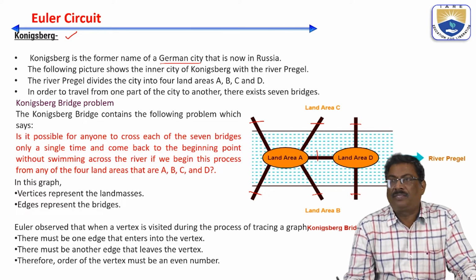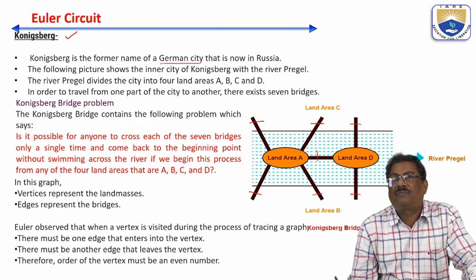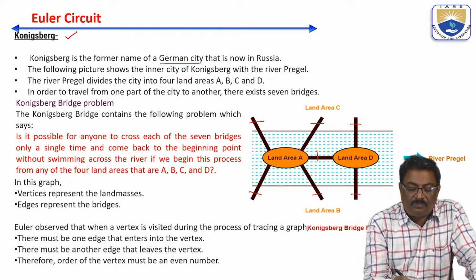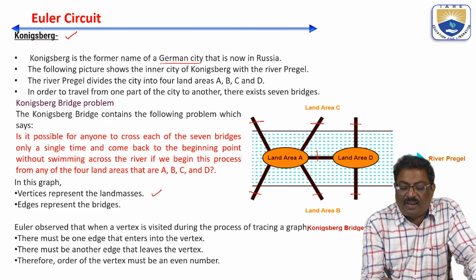So for that we are going to construct this in the form of a graph. After that we are giving a solution for that. So vertices represent land areas.